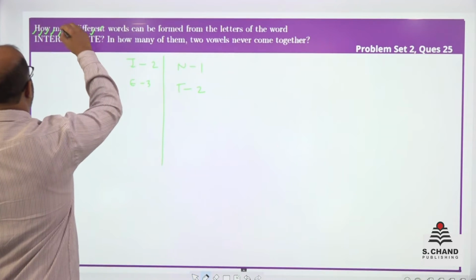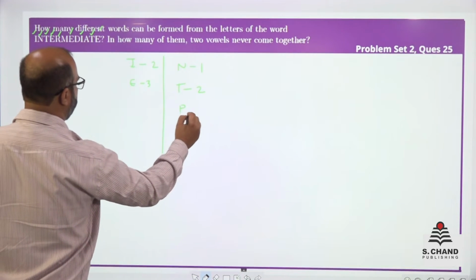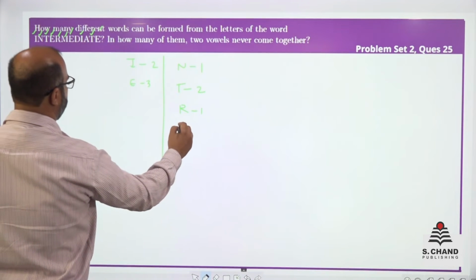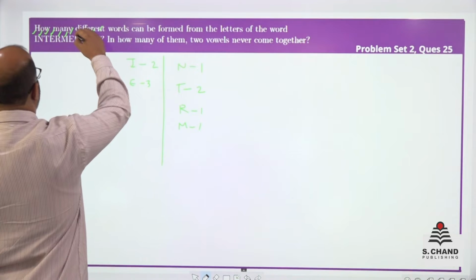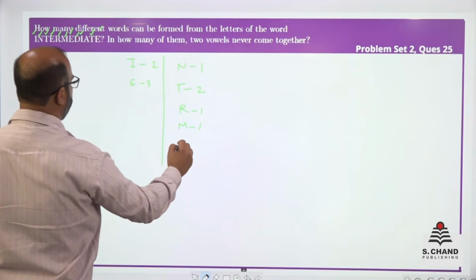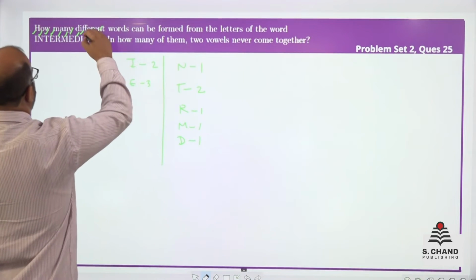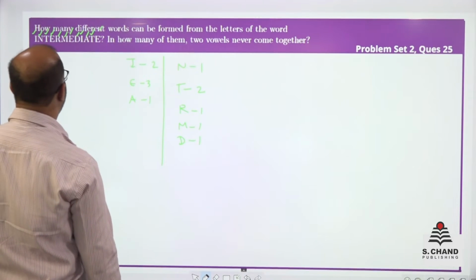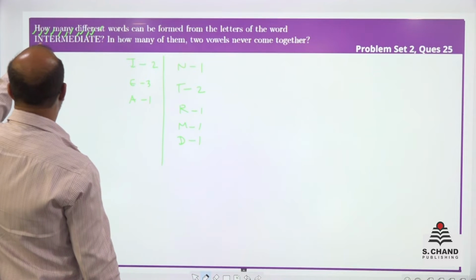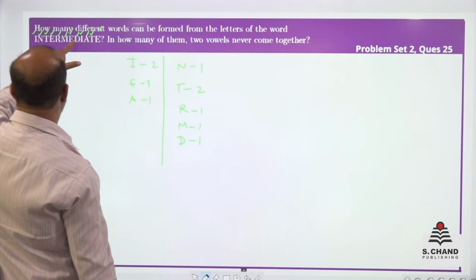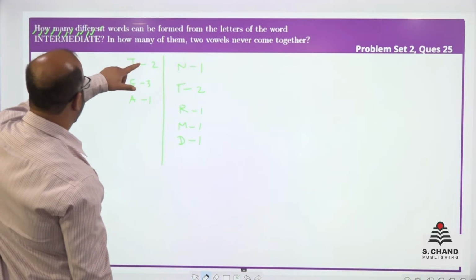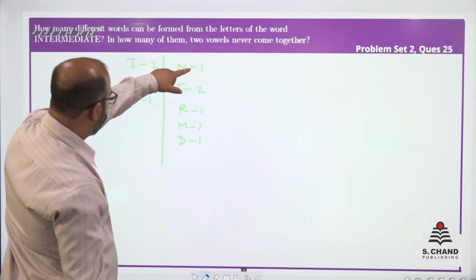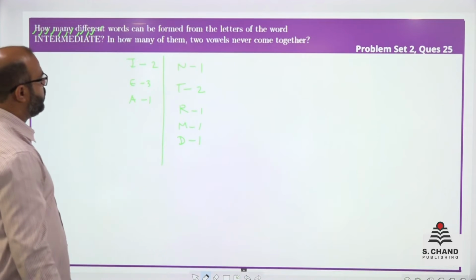Then R, 1 place. M, 1 place. D, 1 place. A, 1 place. Okay, that is it. 1, 2, 3, 4, 5, 6, 7, 8, 9, 10, 11, 12. Here it is 6 vowels on this side, and here also 6 consonants.